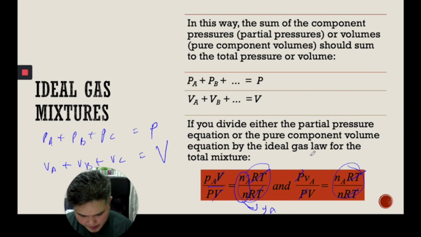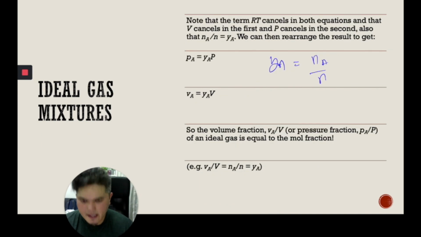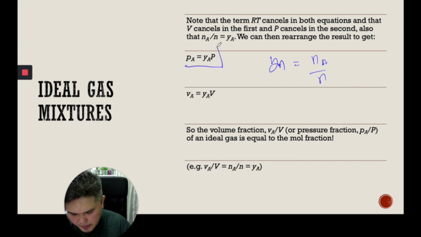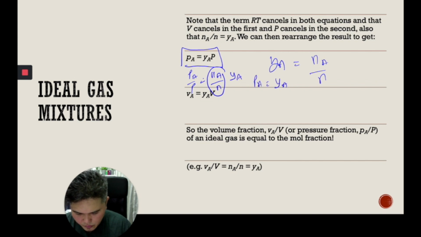So we know that YA equals PA divided by P. If we want to determine PA, the partial pressure of A, it is simply PA equals YAP. Does it make sense? Because PA over P equals NA over N, and NA over N equals YA. So PA equals YAP.